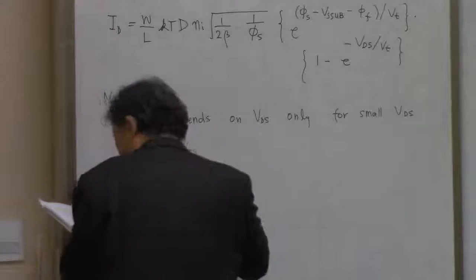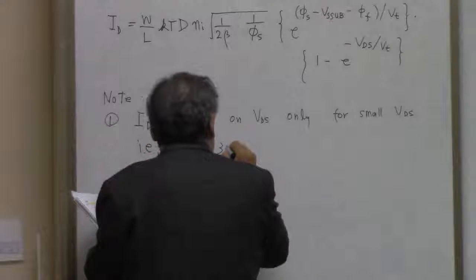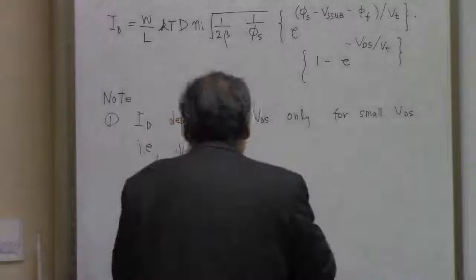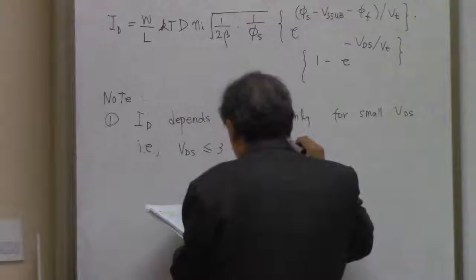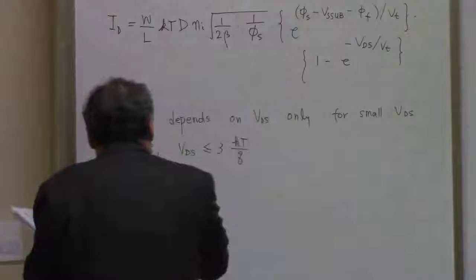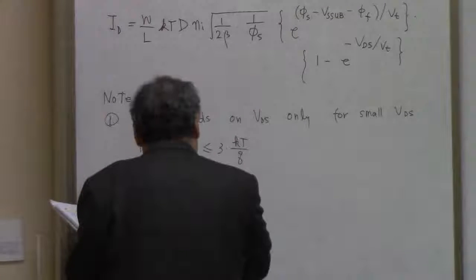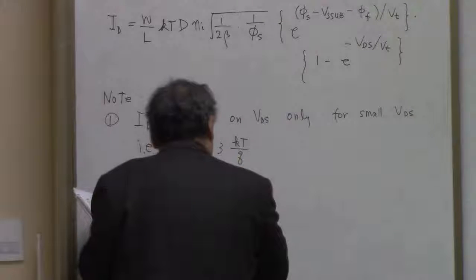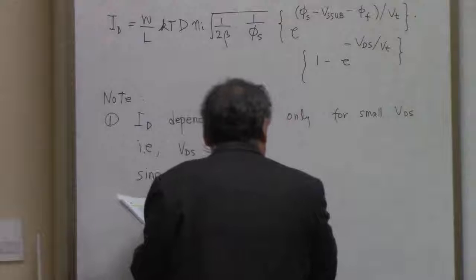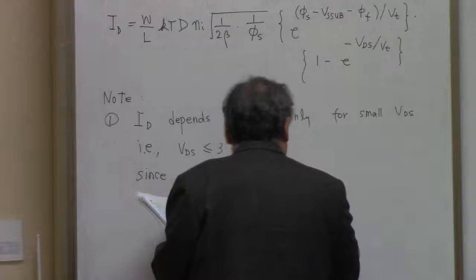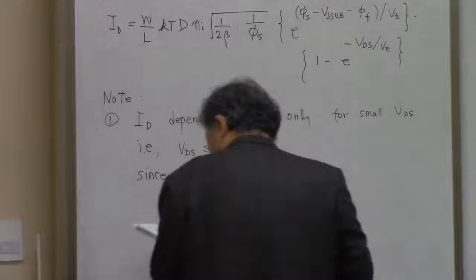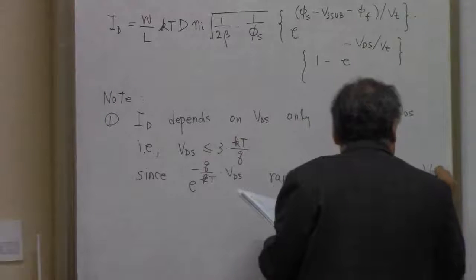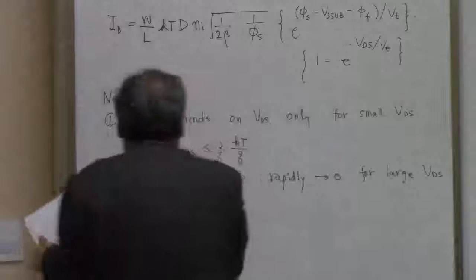If VDS is less than about 3 kT over q, the thermal voltage, since e to the minus qVDS over kT rapidly goes to 0 for large VDS. All right?